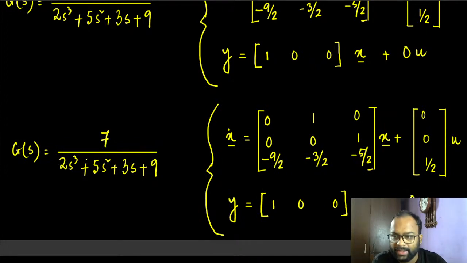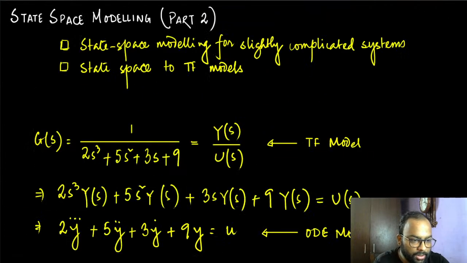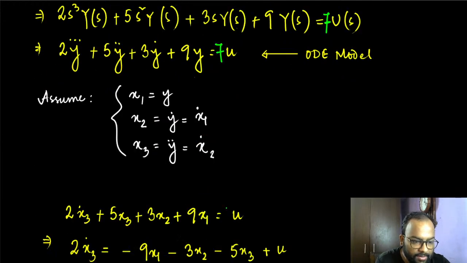Just like I originally wrote. So I have a 7 here. Imagine I have a 7 here. So what are the changes I'm going to see? I would have a 7 here, and I would have a 7 here too, right? Not a problem.